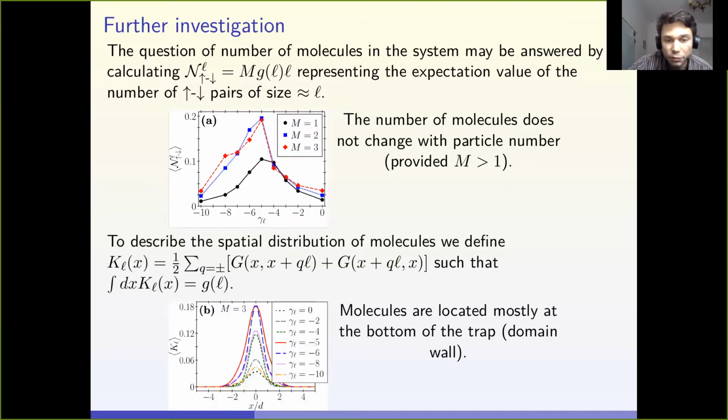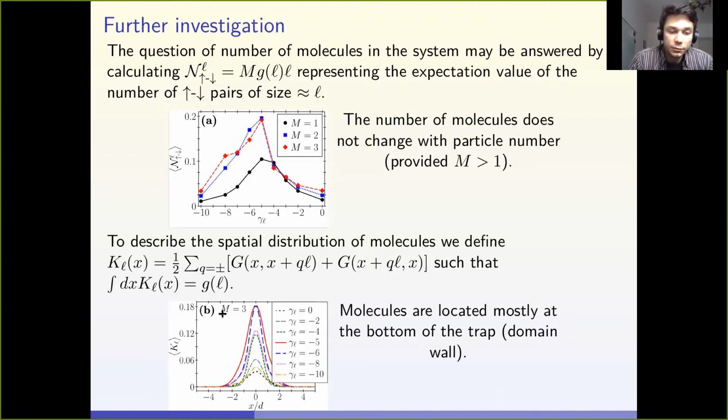Okay, the next thing that you may look at is the spatial distribution of these molecules. So you may ask the question, okay, we have molecules formed in the system. Where are they? In order to answer that question, you may formulate a distribution K that tells you what is the distribution of these two-body correlations across the trap.